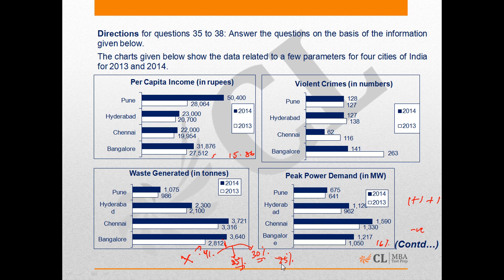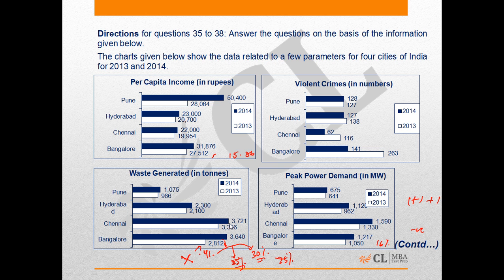Now if we see the waste generated for Chennai, Hyderabad and Pune, and if we compare increase in waste generated in 2014 compared to 2013, it is not even anywhere near 25%.